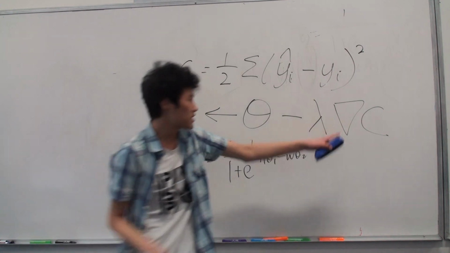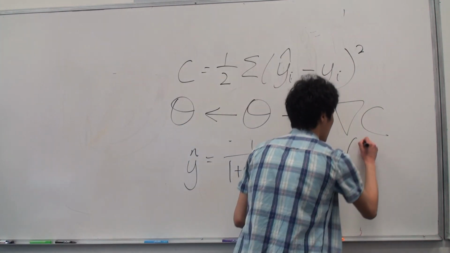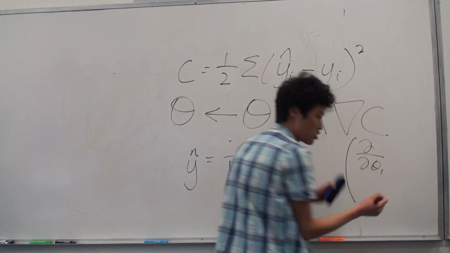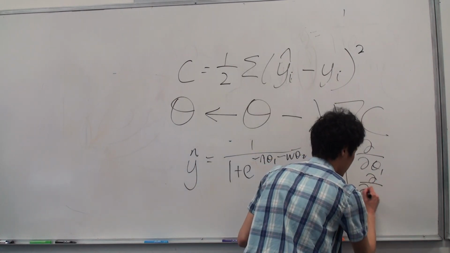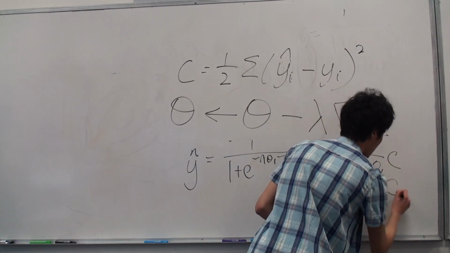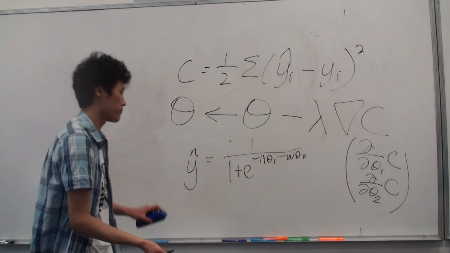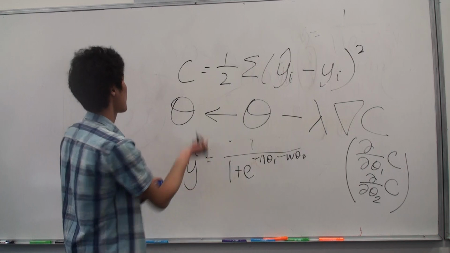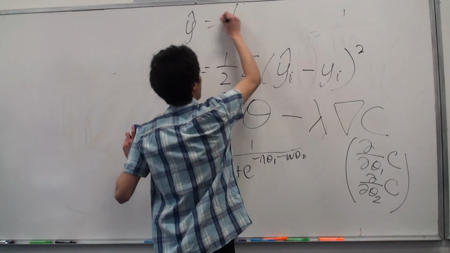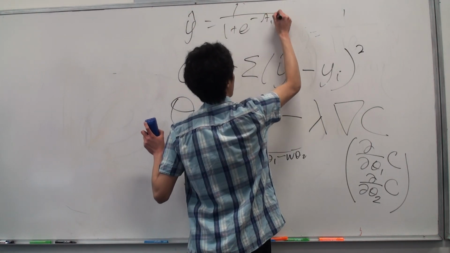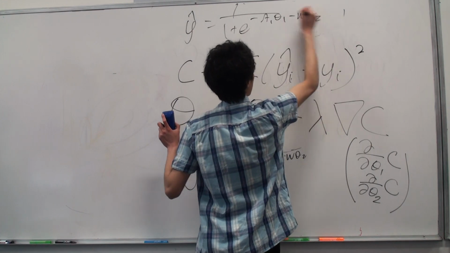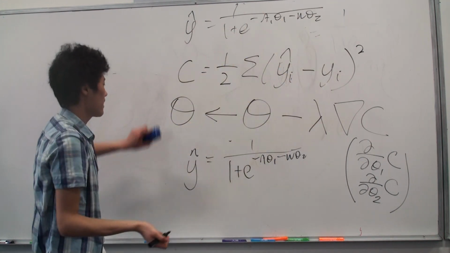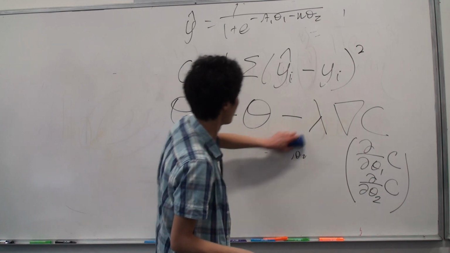And as Saksham said, remember the two partial derivatives we talked about; we average it out, and that's what it looks like. So we need to find this. Just remember this. That's your y hat. Now we need to find it.